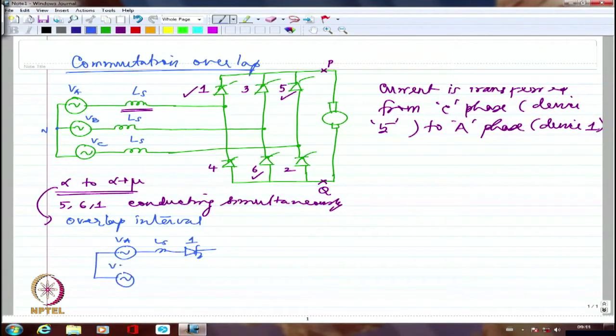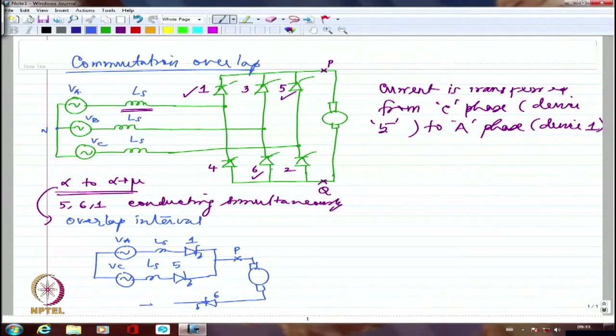Both of them together is connecting to point P. And then we drew this load, and then from here we drew the reverse conducting, that is this device, which is device number 6, and then we had LS, and then we had VB, and this is how the current was flowing.